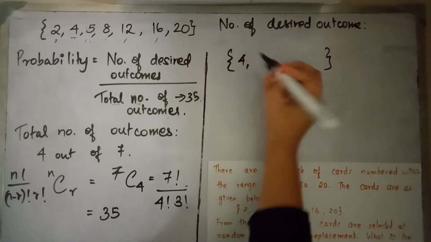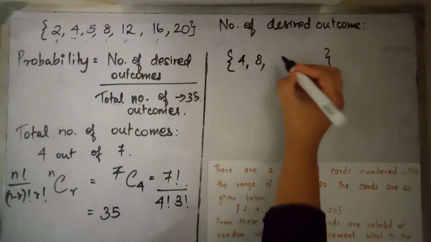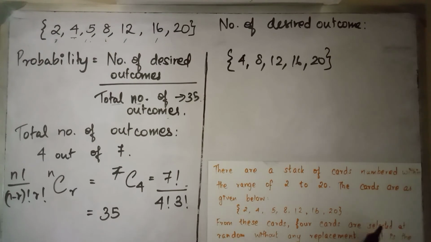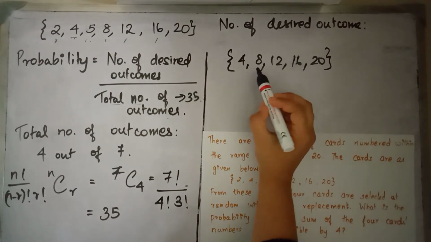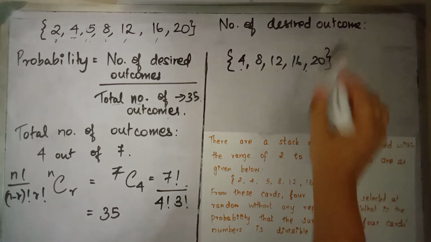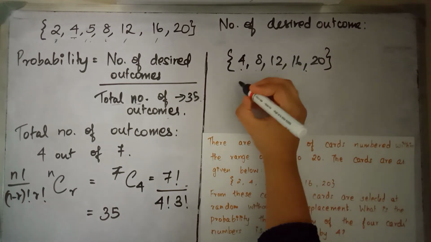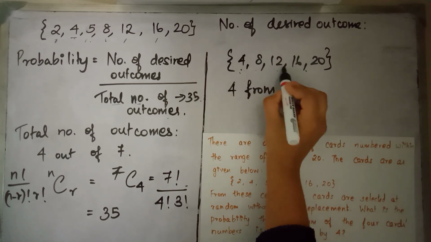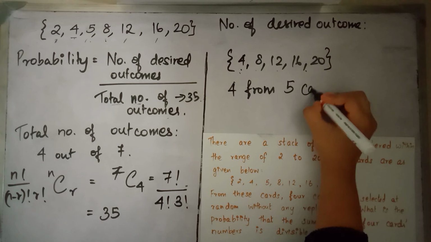We have 4, 8, 12, 16, 20. Now we have to choose 4 cards from this set to have a favorable outcome, or a desired outcome. So we have to choose 4 from 5 cards.